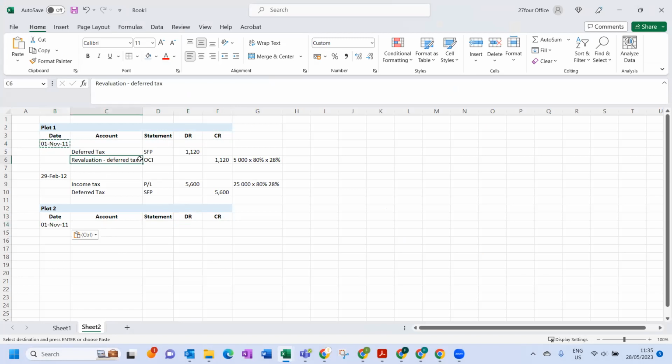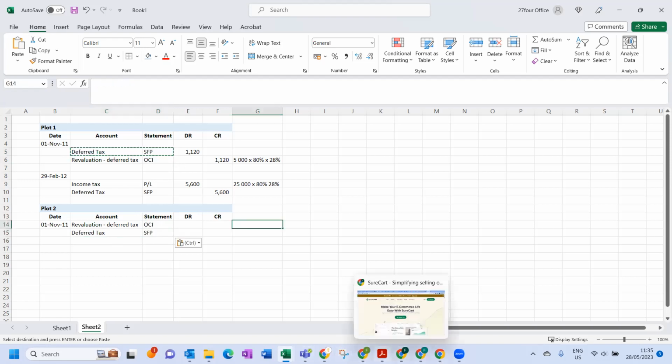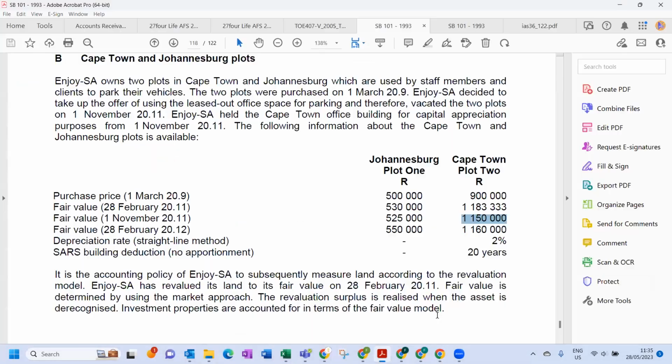So therefore, the deferred tax OCI revaluation will be a debit. The deferred tax SFP will then just be on the opposite side. Let's just see how this one looks now. It is 1183 to 1150.